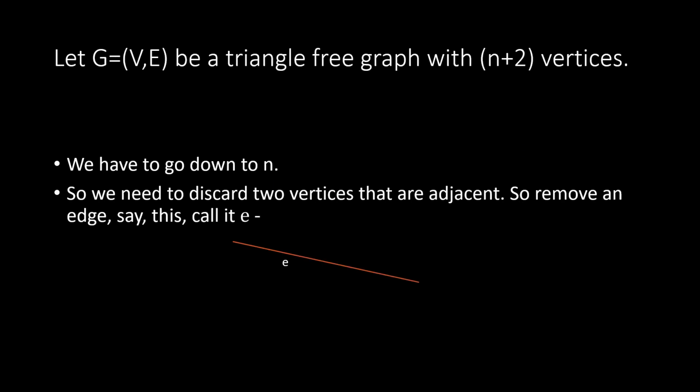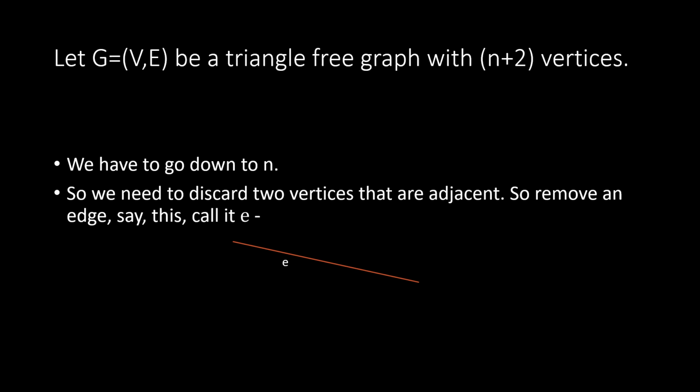So having our base case done for 1 and 2, we now take the hypothesis that any triangle-free graph with n vertices follows the statement, and we have to prove it for a triangle-free graph with n plus 2 vertices. So we have to go down to n, and therefore we need to discard 2 vertices. Now, which vertices will we discard?